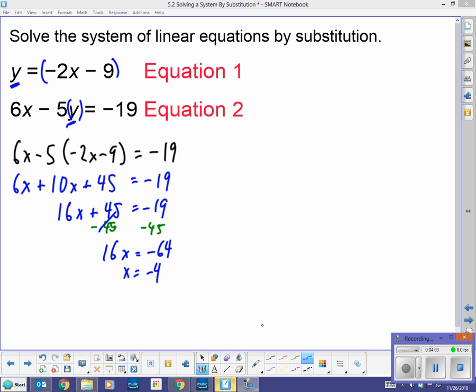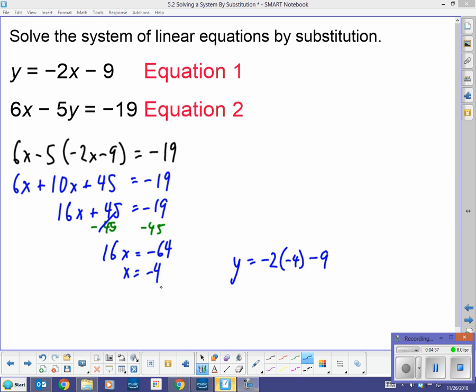So I substituted, solved for x, and now I have to solve for y, which means I need to plug this value into one of these original equations. It doesn't matter which one because they share the solution, remember, like we learned yesterday. So I'm going to use the easy one, where y is by itself. So y equals negative 2 times x, which is negative 4, minus 9.